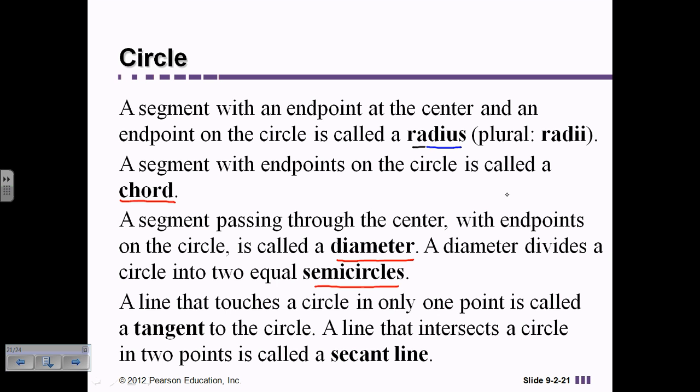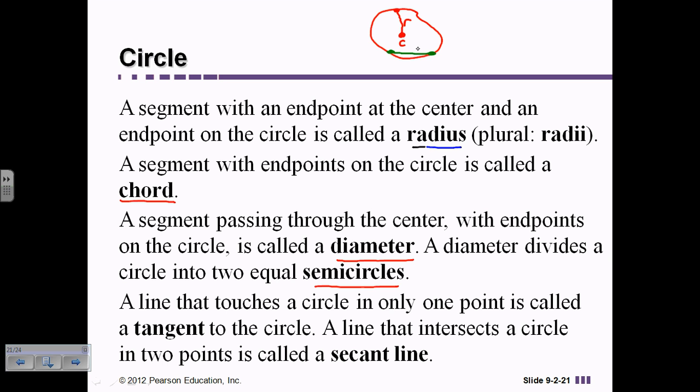So let me give you a couple pictures here. If we have a circle, here's my best attempt at a circle. Here's the center of the circle. Please pretend that these are all the same. The segment that I've drawn here is called a radius, so I'll call that R. A chord is any segment that goes from one side of the circle to another side of the circle.